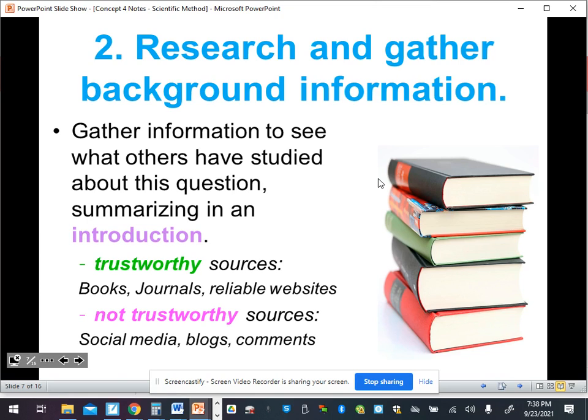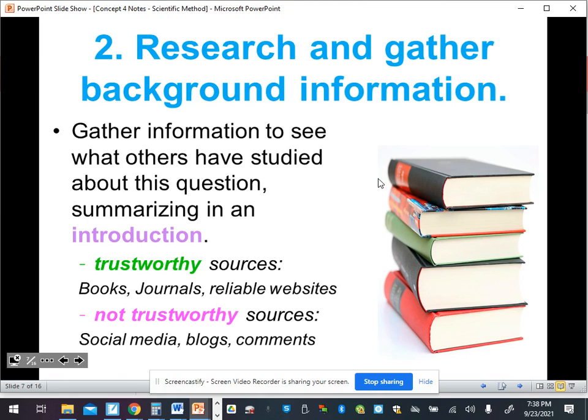Not trustworthy sources would be anything that you get from social media. Facebook has algorithms that basically will keep bringing up things for you to see based on your Google searches, based on the YouTube videos that you watch, based on a lot of other things that you use social media for.